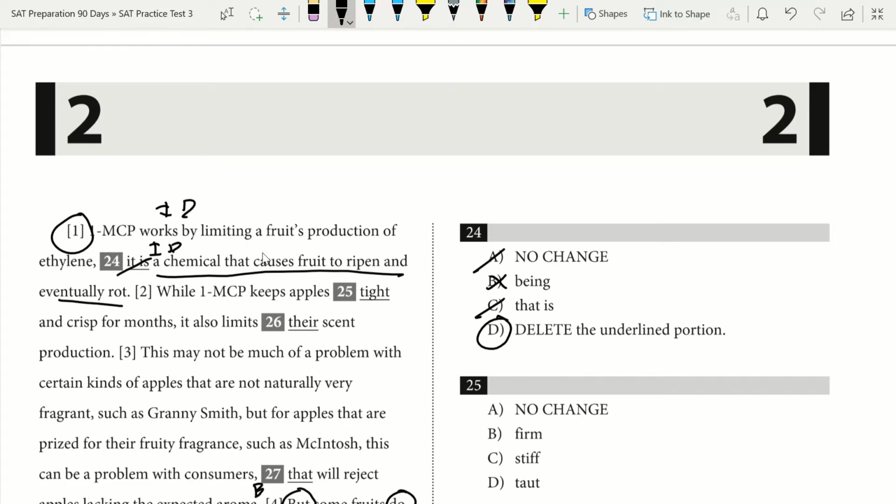By placing this comma after ethylene, we know that we are referring to "by limiting a fruit's production of ethylene, a chemical." So by placing this comma after ethylene, this dependent clause is going to modify this ethylene, right? We know it'll describe it, so we don't need to say "it is," "being," or "that is." We can just say a comma and then say "a chemical that causes fruits to ripen and eventually rot." So that's something that you should know as well. We can just delete that right there.